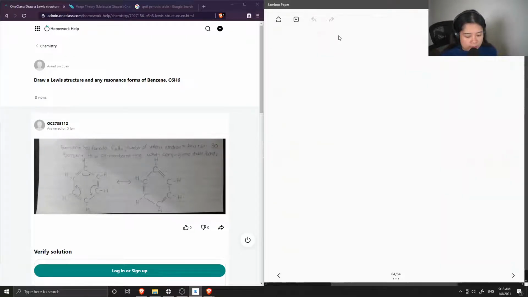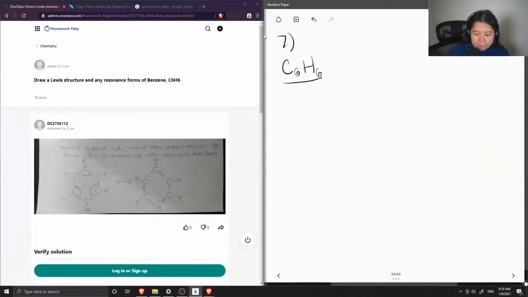Okay, so question number 7. Draw a Lewis structure and any resonance form of benzene. So benzene is C6H6. So when we write out the Lewis structures, let's first find out the total valence electrons for benzene.